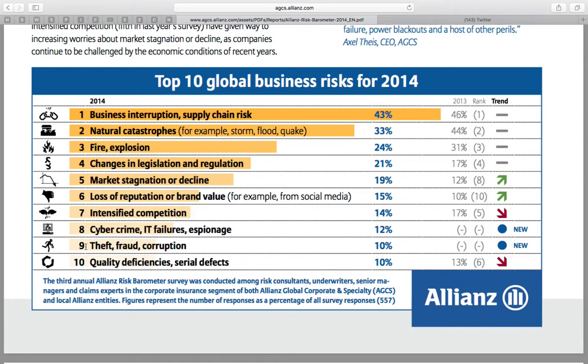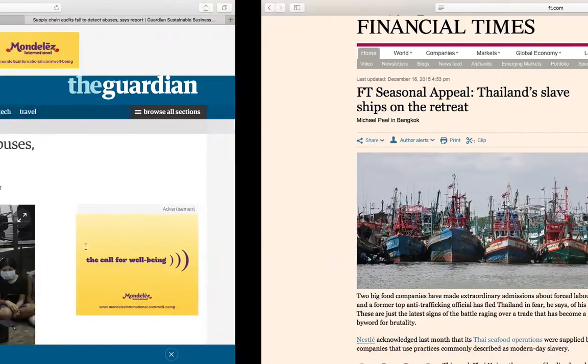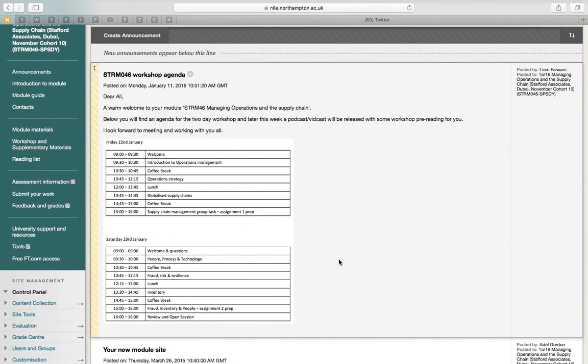It's all related to fraud, crime, theft, corruption, brand, all sorts of lovely, wonderful, risky supply chain shocks. Again, arguably related to the previous three articles as well. So I'd like you to have a look through that pre-reading. It's all to do with fraud, risk and resilience, which is pretty much what you need to know to manage the supply chain.